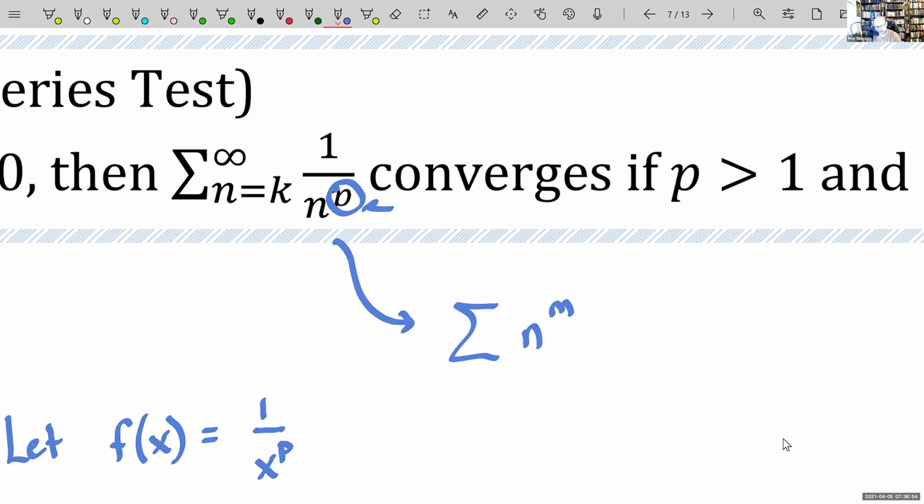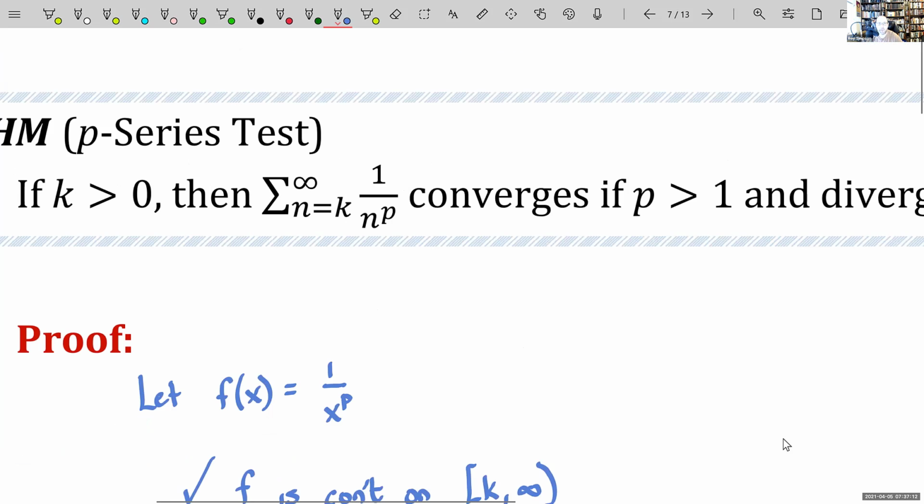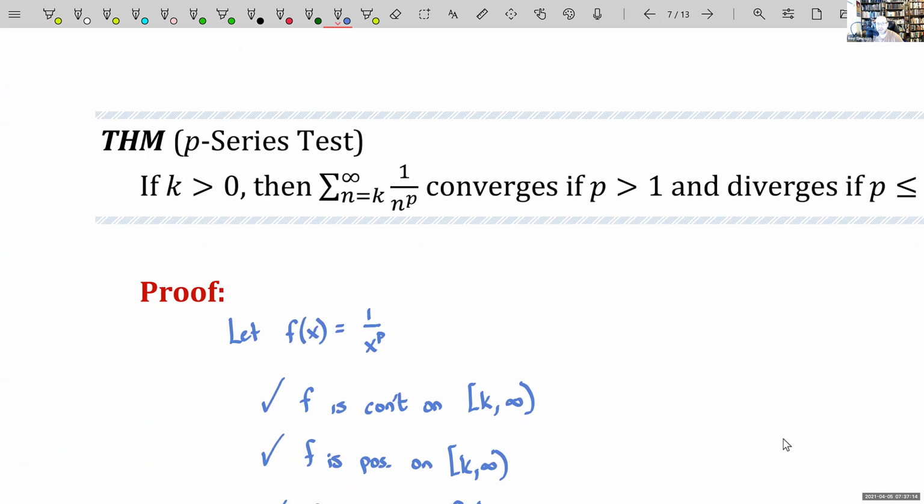If it's a negative exponent, you rip the negative off and it moves the n upstairs. And now you are summing up a bunch of large numbers to a positive power. Those will only get larger and larger. So this would diverge. That's a little hand wavy at the end there, but I hope you understand that if I move that n into the numerator because the exponent's negative, it just keeps growing as you add terms.